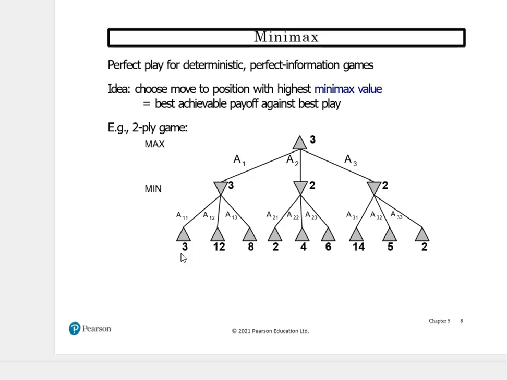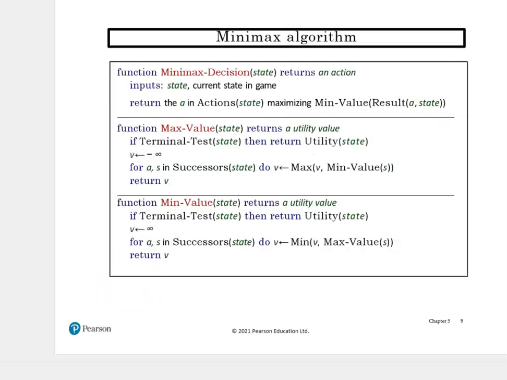So if Max believes that min does not have sufficient information to discover the optimal move, Max might want to try the risky move, on the grounds that he has a 9 out of 10 probability to win, right? Because we said only one case could lead to a loss in that case. So let's revisit our search algorithm.